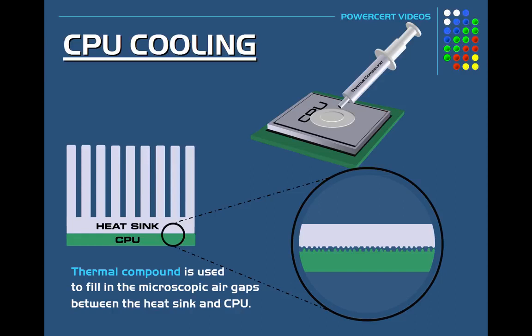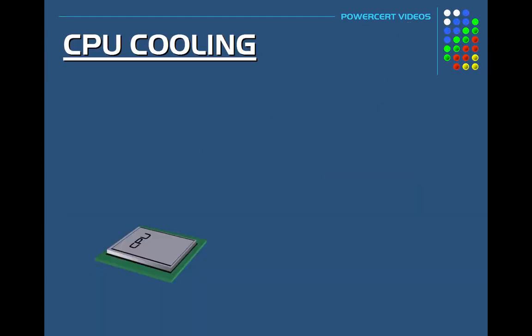Thermal compound is designed to fill in the microscopic air gaps so that the most contact can be made between the heatsink and the CPU. Because the more contact that the CPU makes with the heatsink, the better the heat transfer will be, which will keep the CPU cooler.